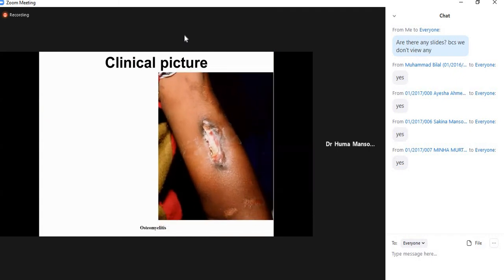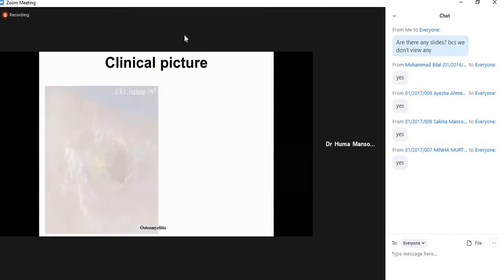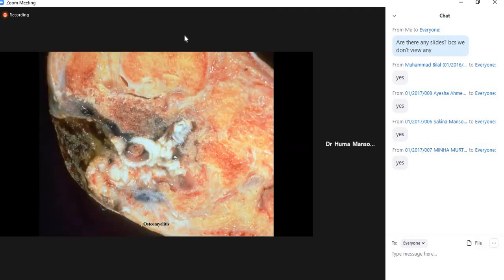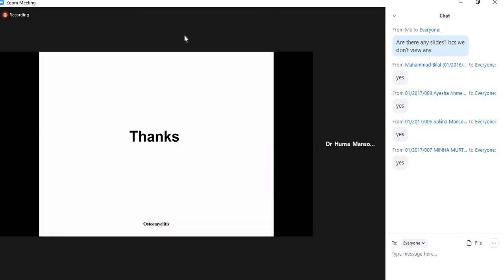So this is a draining sinus. This is one of the complications of chronic osteomyelitis. This is all that necrosed tissue. So this brings us to the end of osteomyelitis.